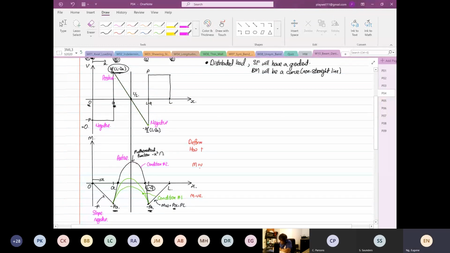The slope now, from L/2 to L minus A, becomes what? Negative. And from L minus A to L, the shear force is what? Positive. The slope now is what? Positive. Can you all see that?